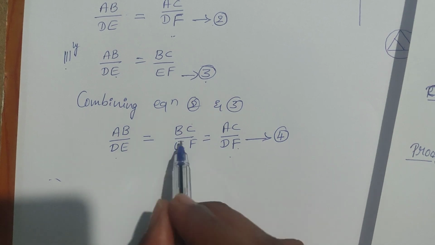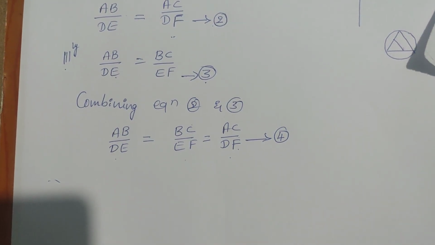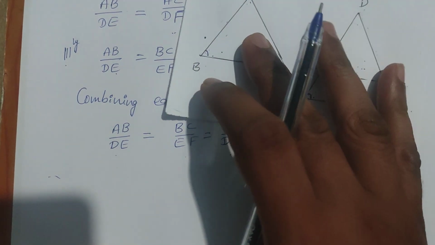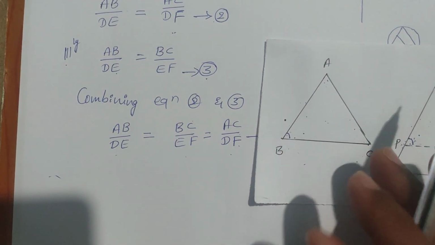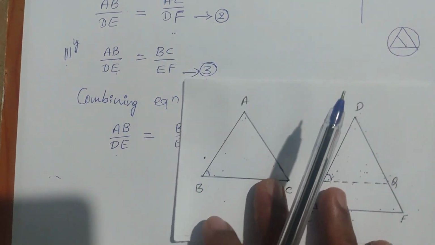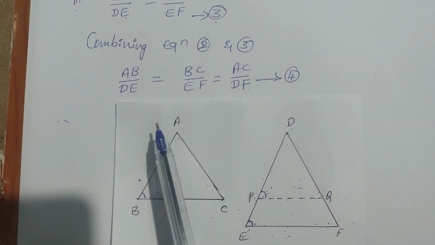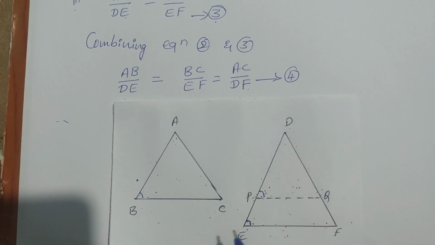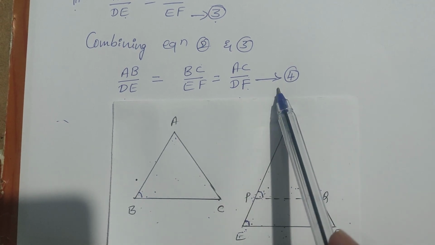The corresponding sides of those two triangles, that is, AB divided by DE, BC divided by EF and AC divided by DF are in the same ratio.